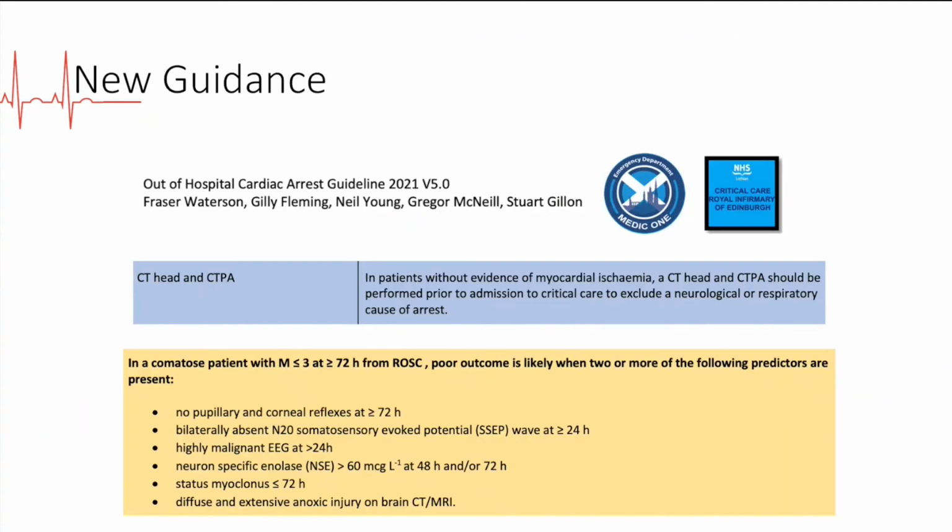This guidance has been incorporated here, the guideline created by Fraser Waterson and colleagues, and I've just taken some screenshots from their guideline to show the recommendation for CT head and CTPA for neurological and cardiac cause, which quite nicely fits with my results, with those scans being the only ones to identify arrest causes. And that's again the list of indicators of poor outcome.